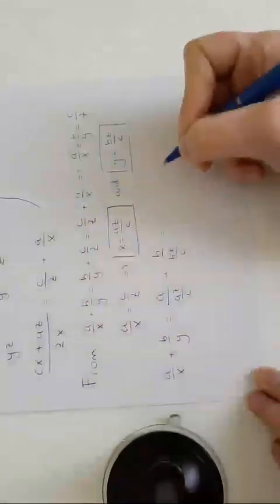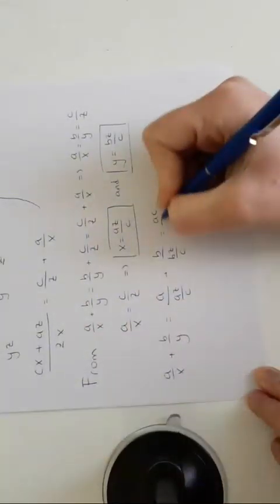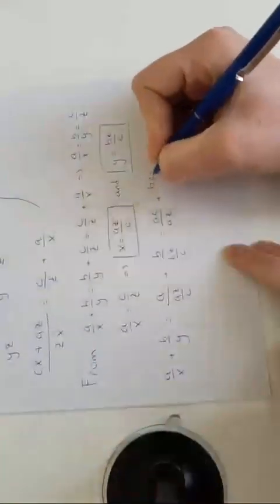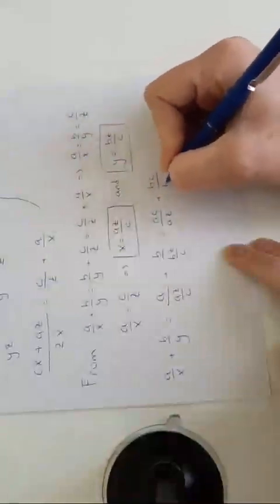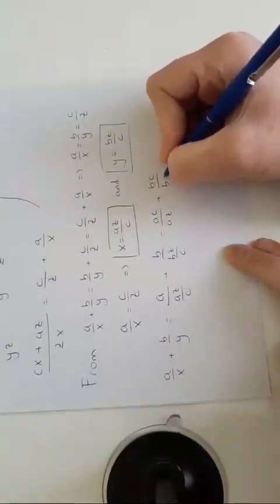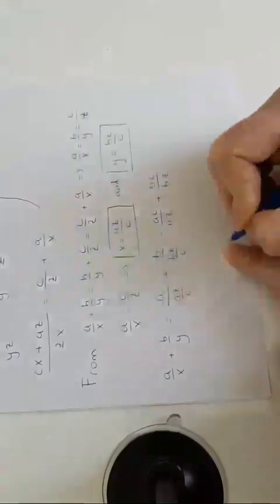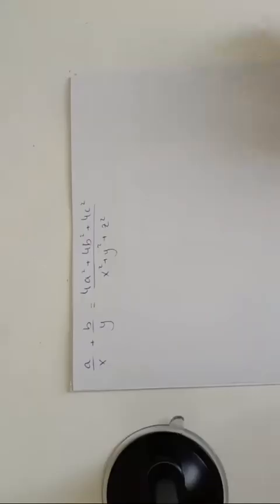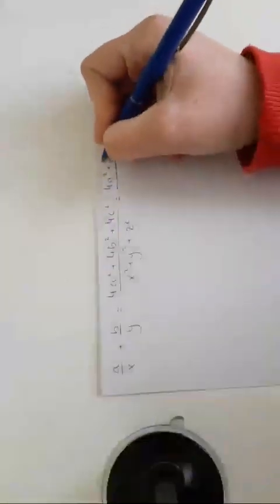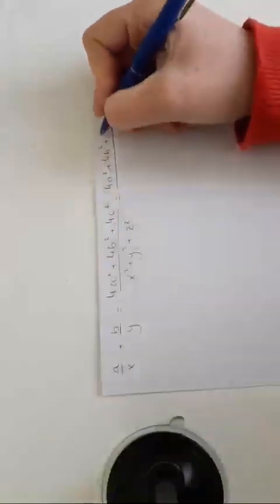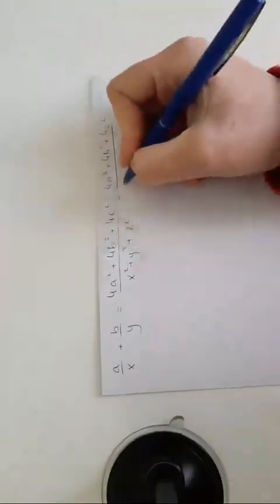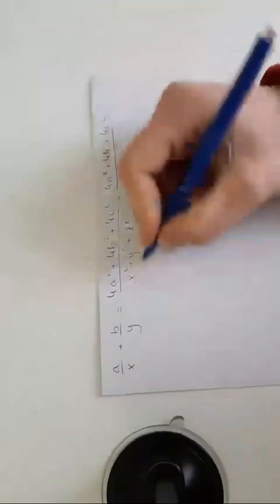If we invert, we get ac over az plus bc over bz. And then I will equalize. We found x and y. Again, here in this equation, 4a squared plus 4b squared plus 4c squared over x squared was a.